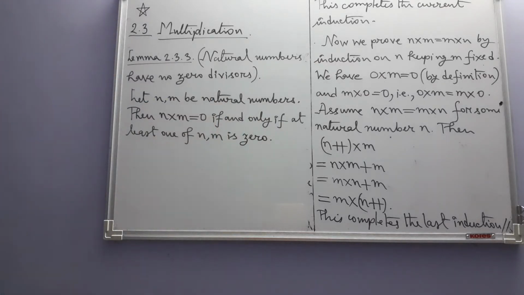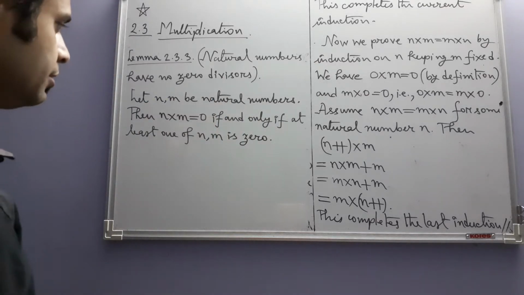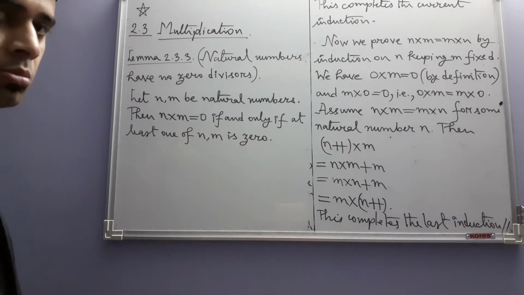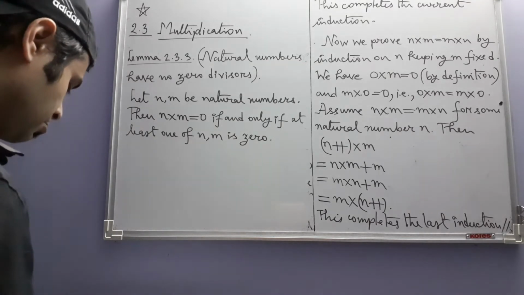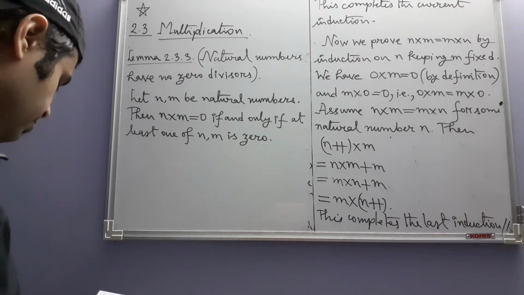Okay, if the product of two natural numbers is 0, then at least one of them is 0. Both of them can also be 0, but at least one should be 0.